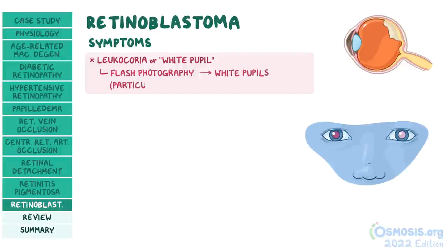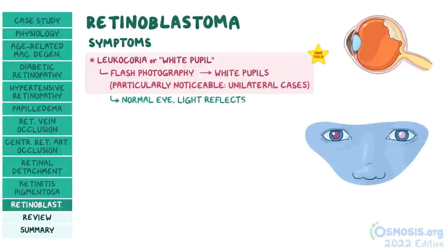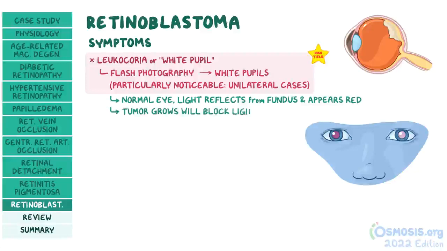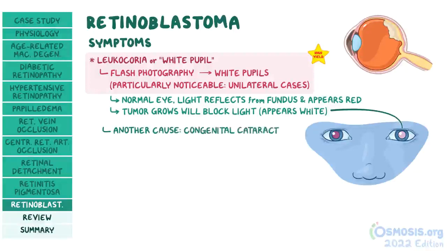This is particularly noticeable for unilateral cases since, in the normal eye, the light will reflect from the fundus and appear red, but the tumor that grows on the fundus will block light, so it appears white. Remember that another cause of leukocoria is congenital cataract. The tumor can also cause eye pain if large enough.